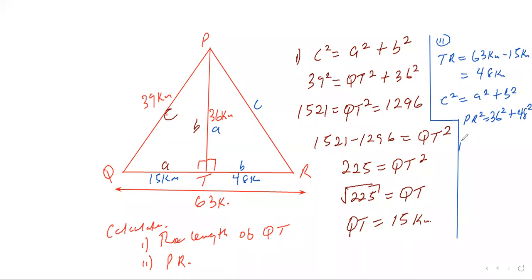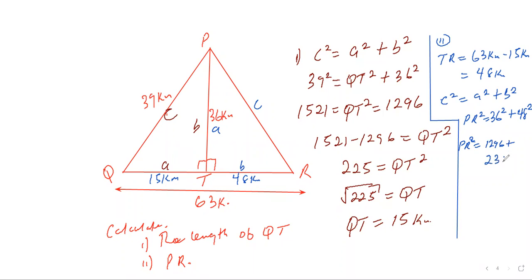Now, so PR now. So 36 square will give me what? 1,296 plus 48 square. What is 48 square? 2,304.